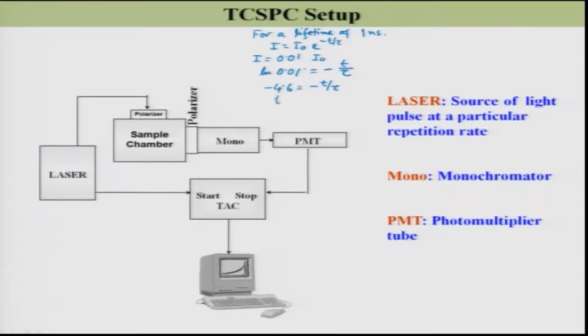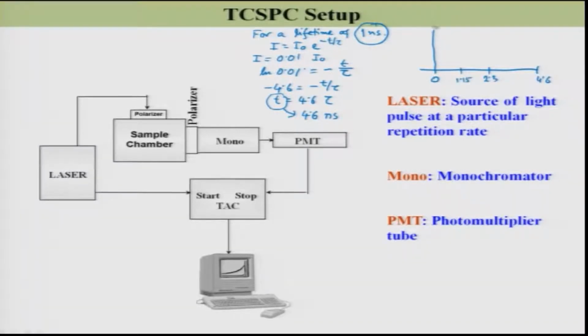So, t will be equal to 4.6 times tau. That means, when the lifetime is about 1 nanosecond, the time window required to see the complete decay is about 4.6 nanoseconds. And if this time window is 4.6 nanoseconds, that is 0, and here is 4.6, here is 2.3, here is 1.15, like that.